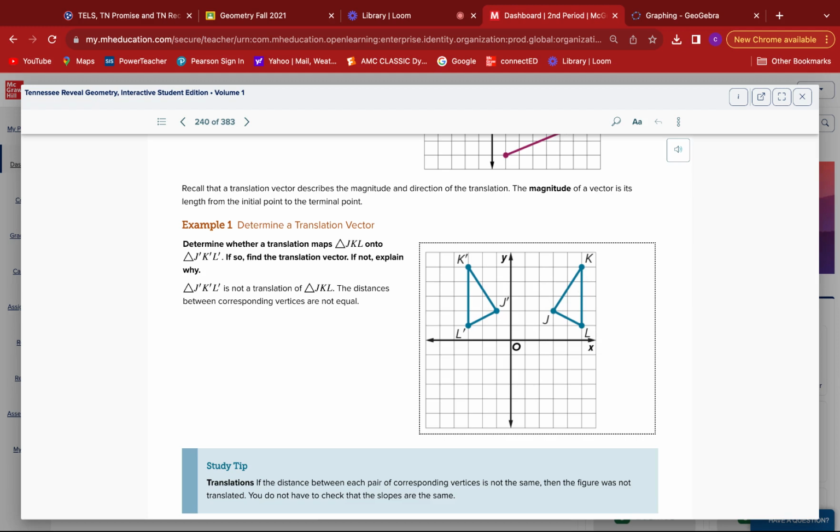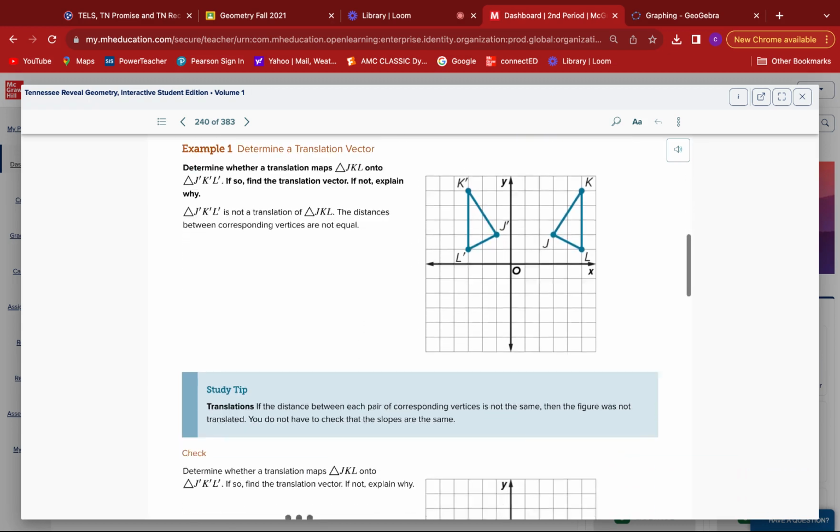If it does not, then it's not. So let's look. All right, so here's my beginning, L. And if I go left 4 to get to L prime, we're in business. 1, 2, 3, 4. And since I don't, it's not a translation. Same thing for K to K prime. If I start off at K, 1, 2, 3, 4, I'm not on K prime. So no, this is not a translation at all.